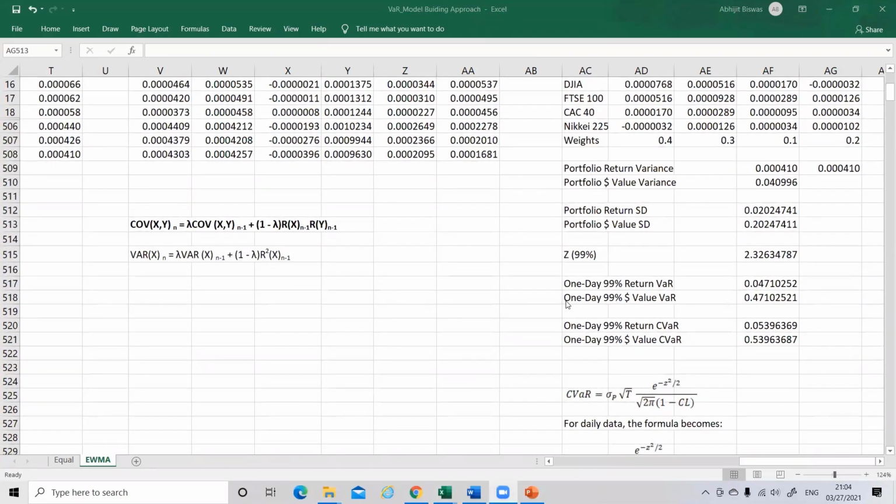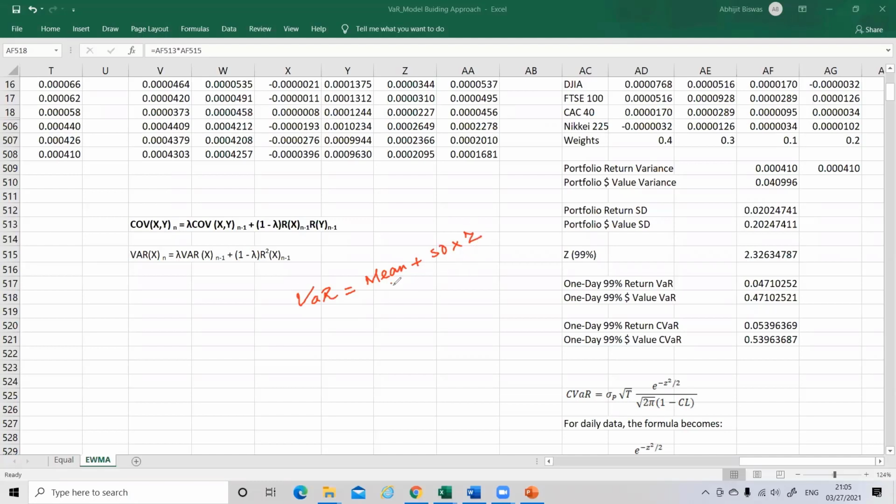Finally, we'll come to the VAR calculation, 99% VAR. What is the formula for VAR? Z into standard deviation. Under this approach, the formula is mean plus SD into Z, standard deviation into Z, right?